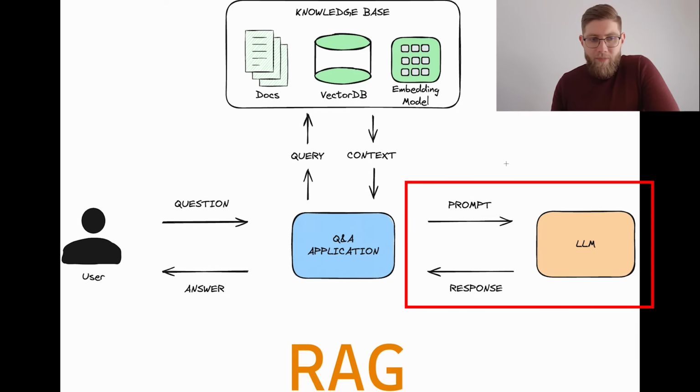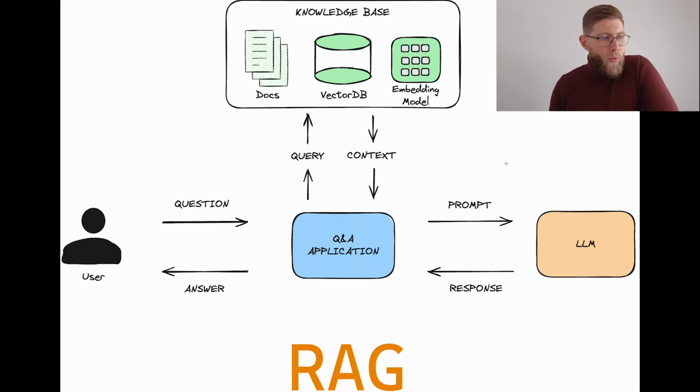And on the right is our large language model, prompted to respond to questions only using the context that we provide. So what happens when a user presents a question to such a system? The question comes in. This question is transformed by our application, by our large language model framework, into a query.